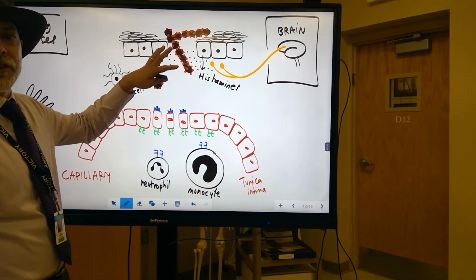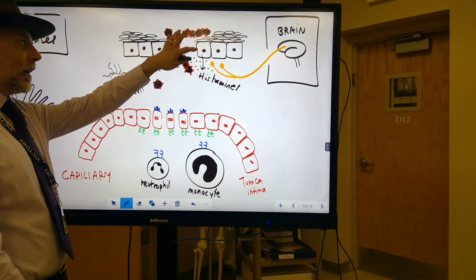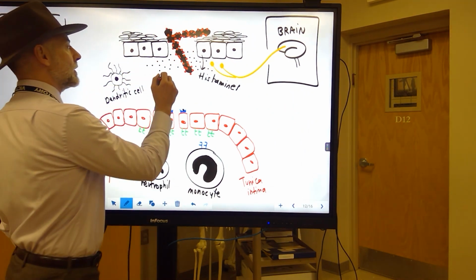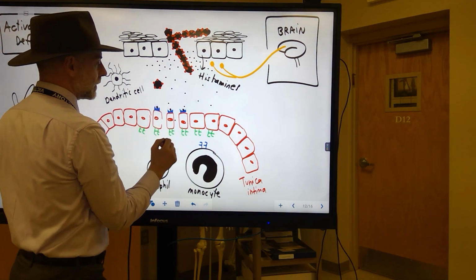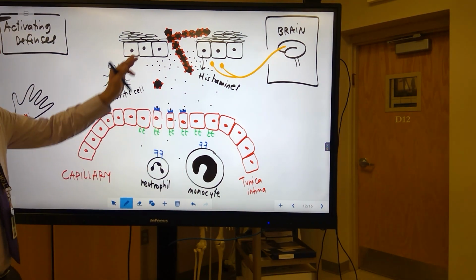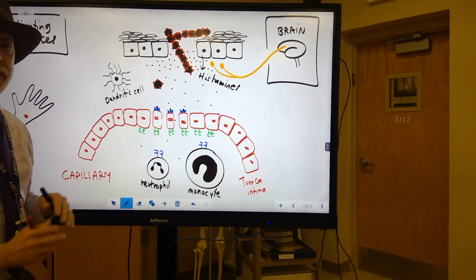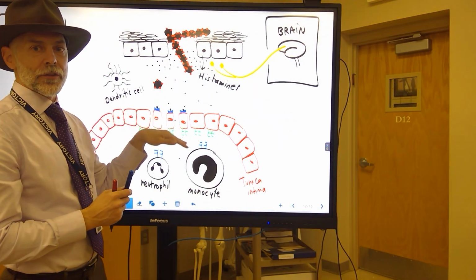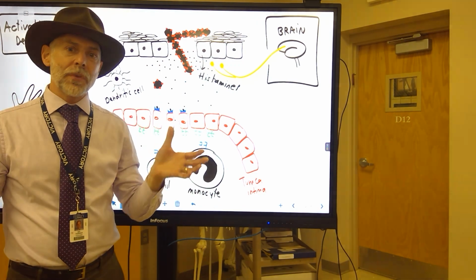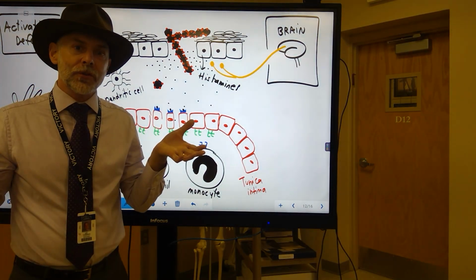And the histamine concentration is going to be highest by the area of damage. But as we get farther and farther away from the area of damage, the concentration of histamines is going to drop.